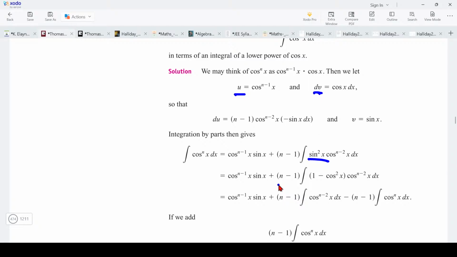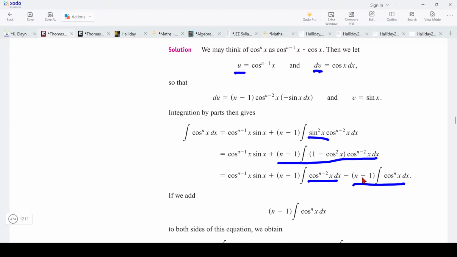Okay, so this part, please be careful. This became (n minus 1) into cos power (n minus 2) x, into minus of cos square x, and that becomes cos power n again, right? Understood? Now this one and this one we can combine.